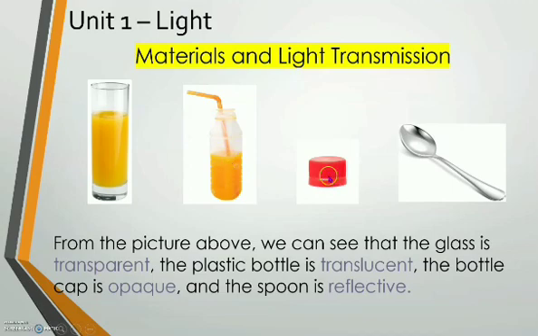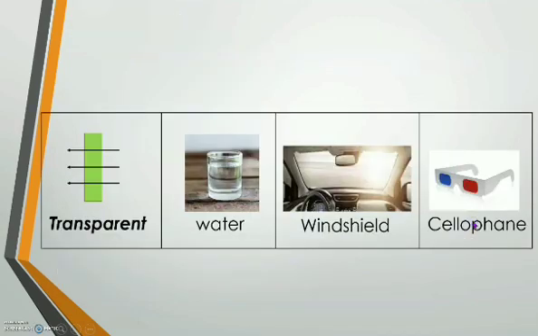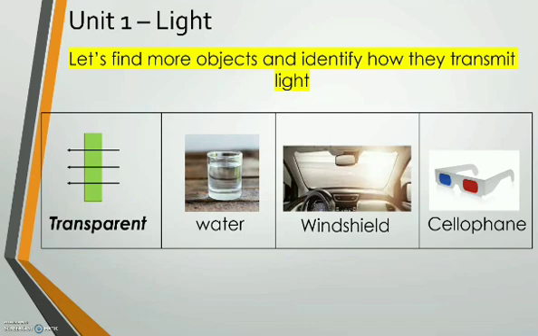And this cup right here is an opaque material because the light does not transmit and also does not bounce. And this spoon is a reflective material because the light falling on the spoon is bouncing or reflecting. Now let's look at more examples.